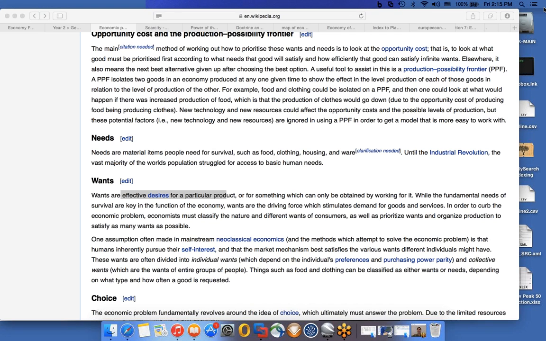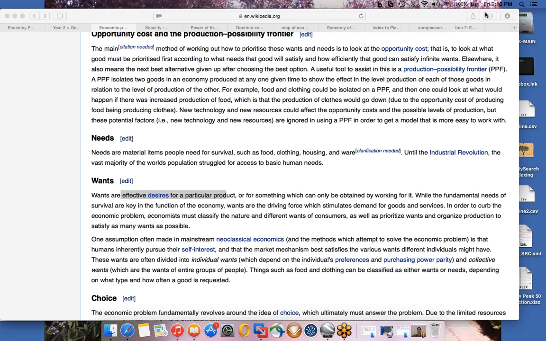Let's see something that is actually a very important need. Let's say we all need to breathe air. You agree that air is something that we all need? So Sabrina says food is a need, water is a need. But everyone needs air, don't we?